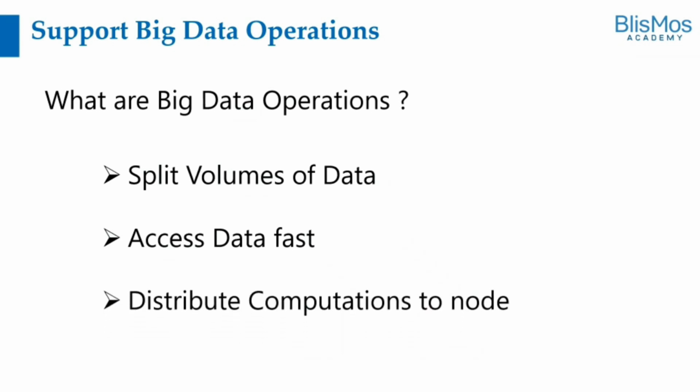It should also allow us to distribute the computations to the node, which we just discussed. That is distributed processing. The programming model should allow us to distribute the program to the node where the data exists. These are the different big data operations.